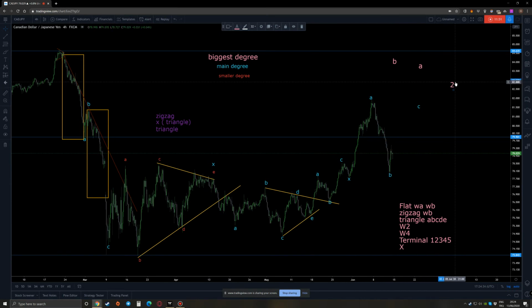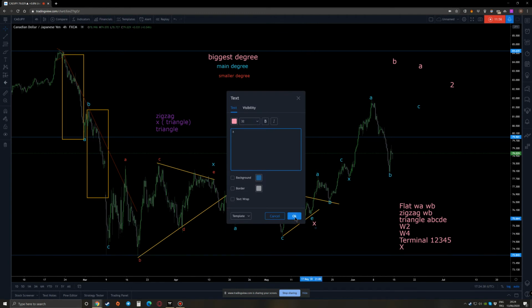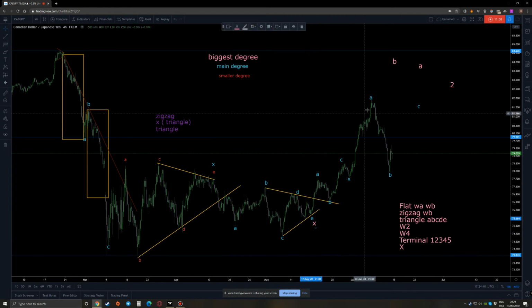For example, if we have an X wave here, it means that whatever I start here on one lower degree, which is our main degree, has to be a corrective wave. Now, but look, let's say that after this X wave, a zigzag starts. So as an example, what I will do is write it here for you.